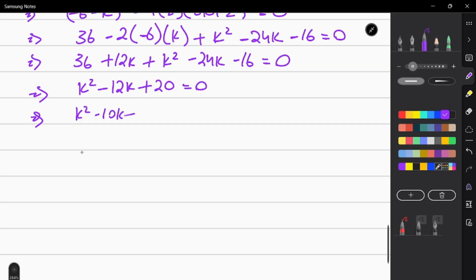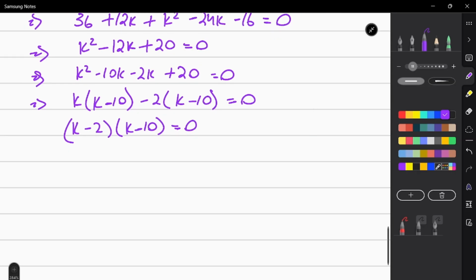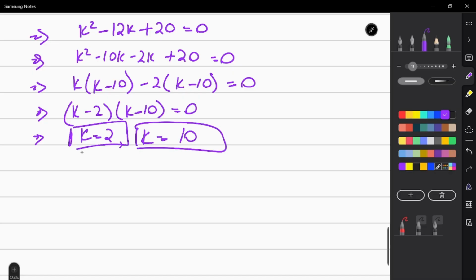So minus 10k minus 2k plus 20, k minus 10 minus 2 k minus 10. We have two values of k over here. This gives us k is equal to 2 and k is equal to 10. These are the two values of k.